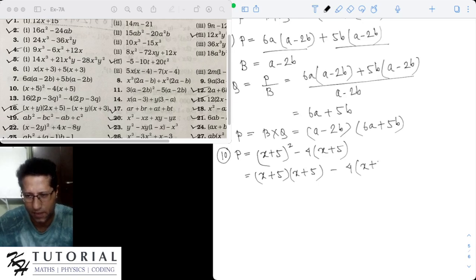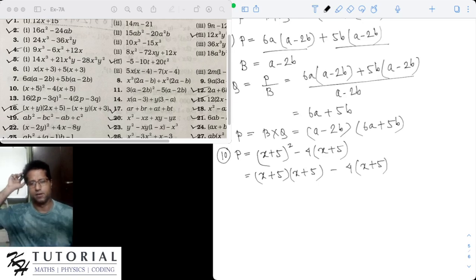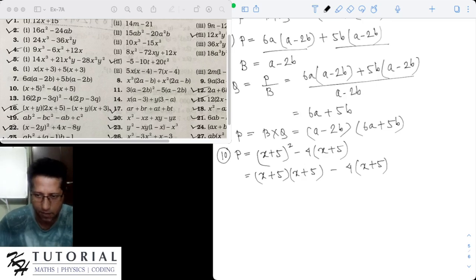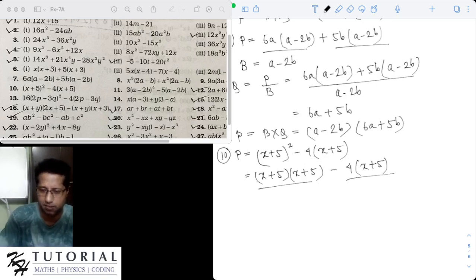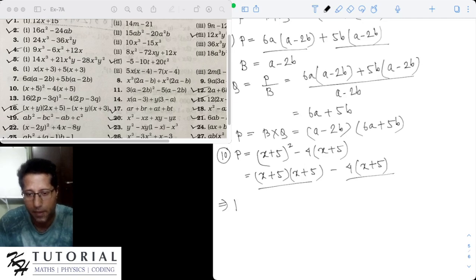Now we can clearly see that x + 5 is a common factor. We can visualize this polynomial p as having two parts, this part and this part, and these two parts have x + 5 as the common factor. So the common factor, which is a binomial, is x + 5.